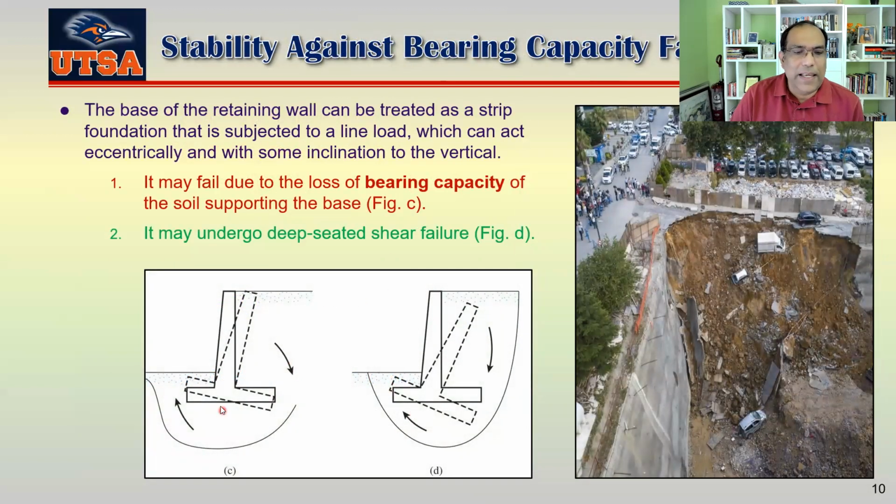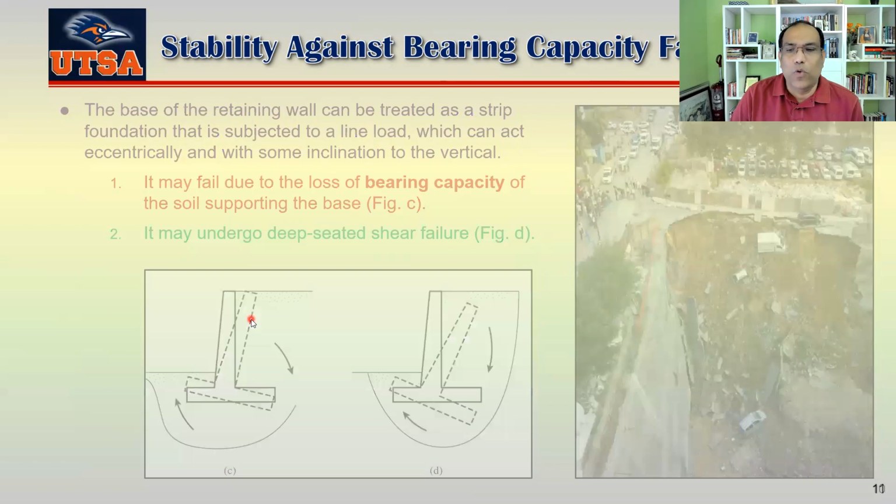The thing is, the soil here can fail sometimes. That's failure due to the loss of bearing capacity of the soil supporting the base, and then it may undergo deep-seated shear failure like this. The most common one is basically this one here, okay? Now let's see how this one works.